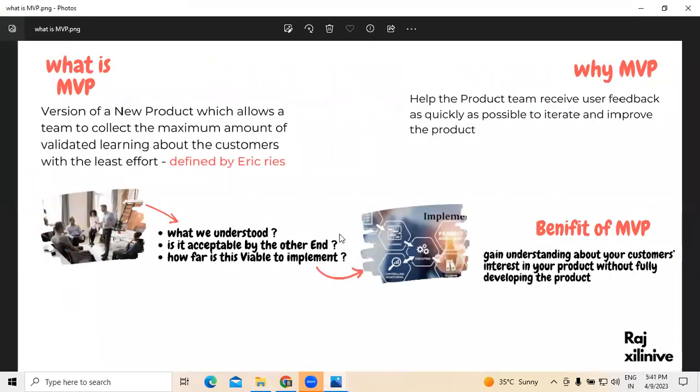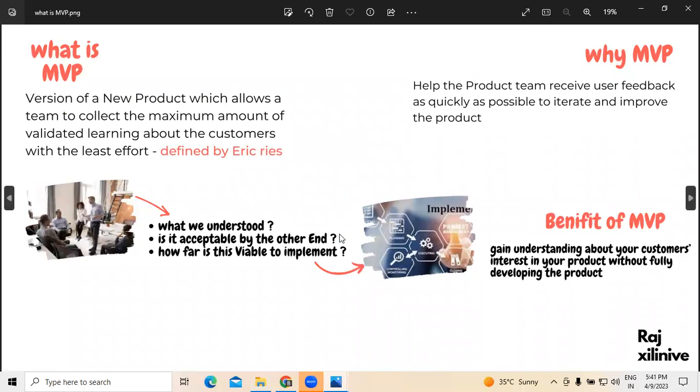Minimum viable product is what we have to create, because in this minimum viable product, the team will decide. Whoever is on the team working on the project or product has to understand a few things. First of all, what they have understood based on the visibility of the roadmap created by a PO, and whether it is acceptable or not, because practical difficulties and practical implications are different than what is on the screen, right?